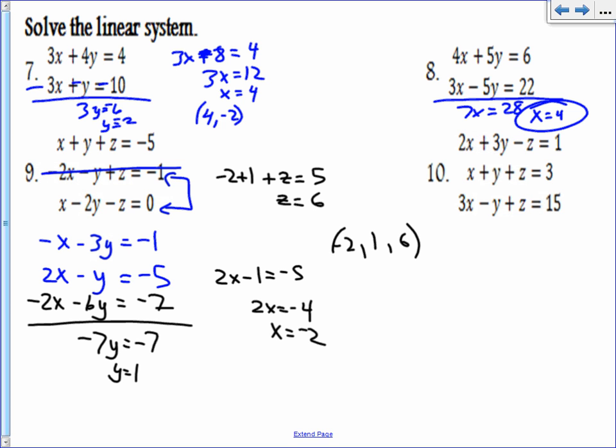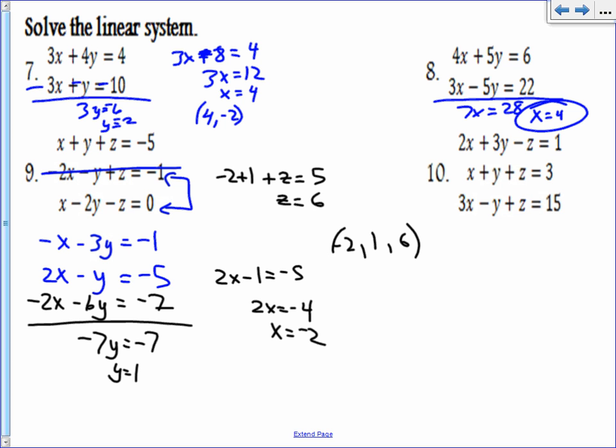Y'all remember how those graph forward, backward? What was the first way we went? Okay, but it's a negative, so we go back 2, right 1, up 6. You know what we did? We went forward or backward.